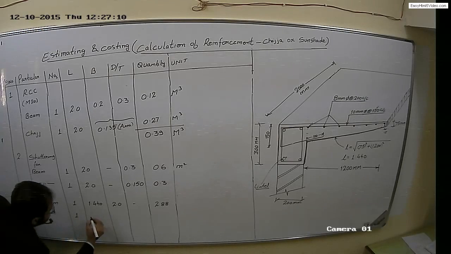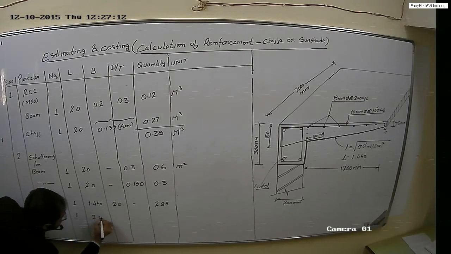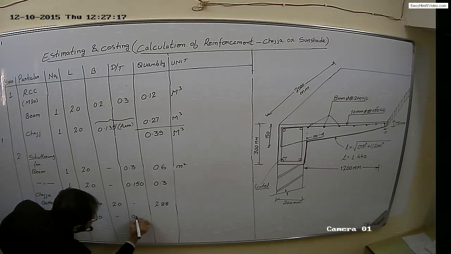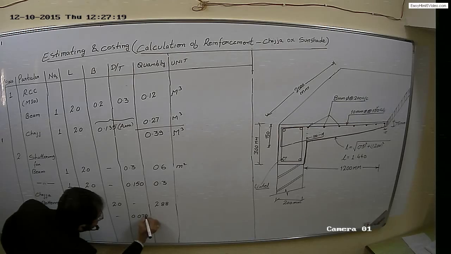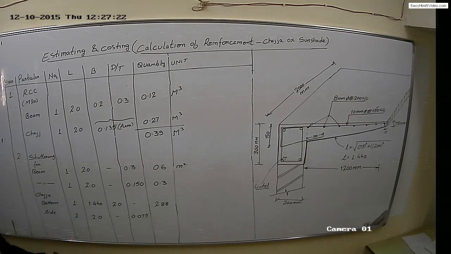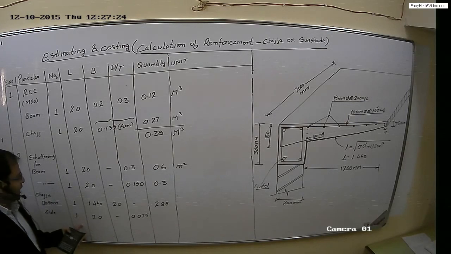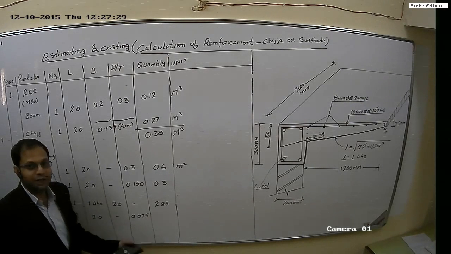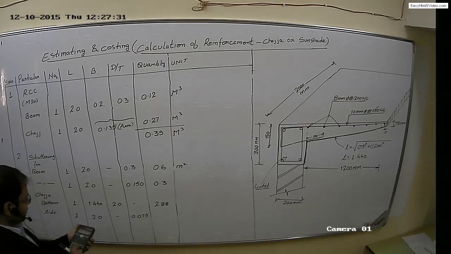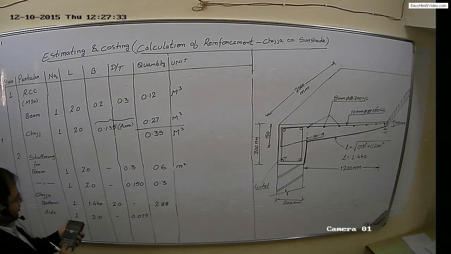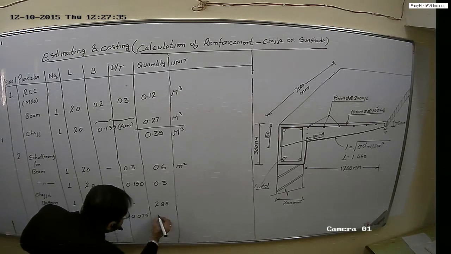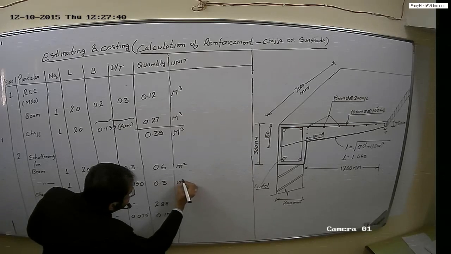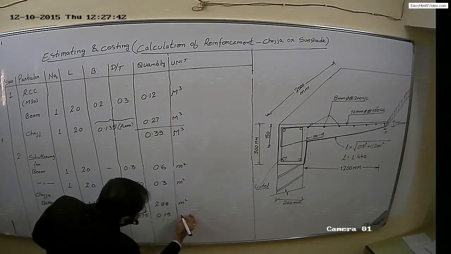So length will be 2.0 meter and the depth will be 0.075. The quantity will be calculated by multiplying these three units, which is 1 into 2 into 0.075. So you will get 0.15 meter square. The unit of shuttering is meter square.